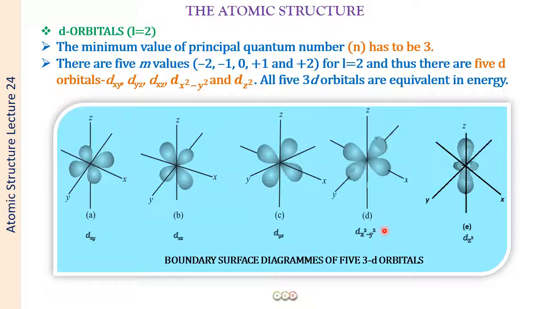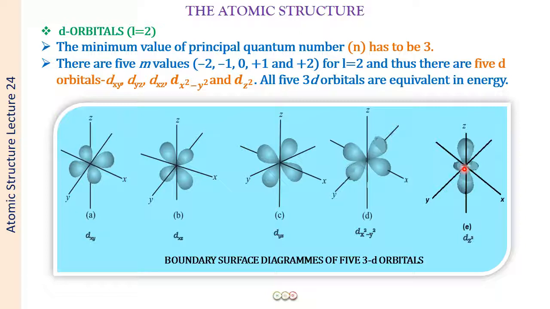And then we have the 4th orbital, that is dx square minus y square. Here the probability of finding the electron is more on the x and the y coordinates. So the 4 lobes are, you can see, on the x and the y coordinates only. Next we have the dz square, which is different from all of them. Here we have 2 lobes on the z coordinate, and then a ring fused around these 2 lobes of the z coordinate.